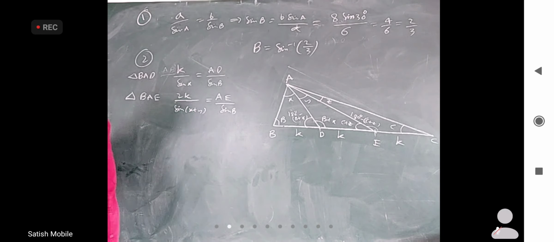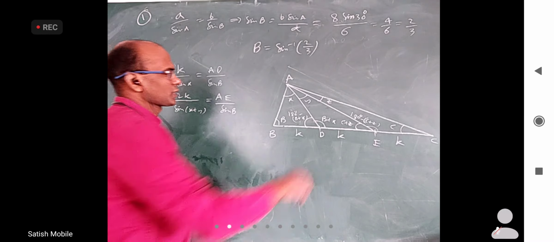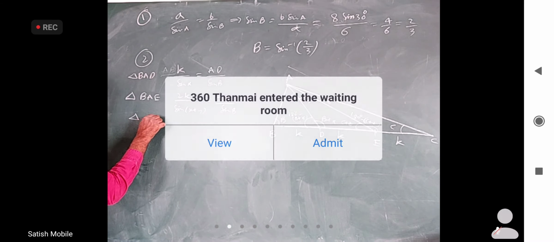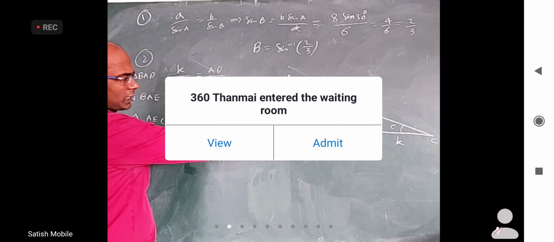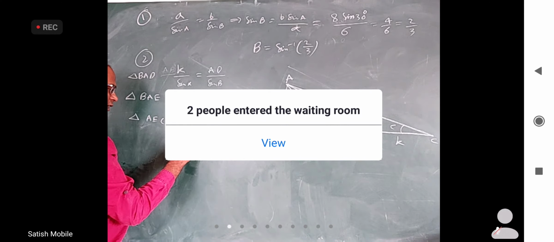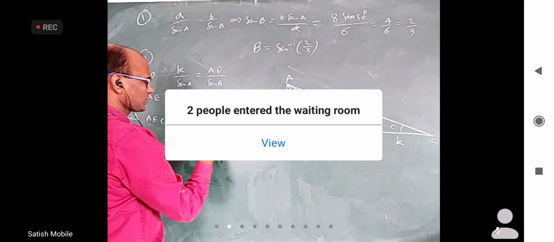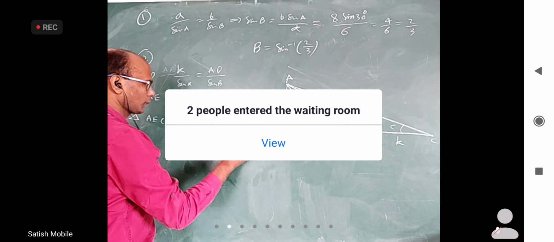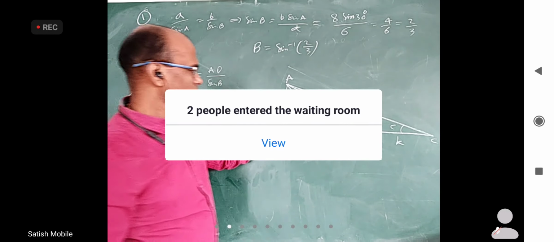Next, they wanted sine Z and sine Y plus Z. So I'll take the last triangle, triangle AEC. Again, there is a side K. Opposite angle is sine Z. AE is another side. Opposite angle is sine C.